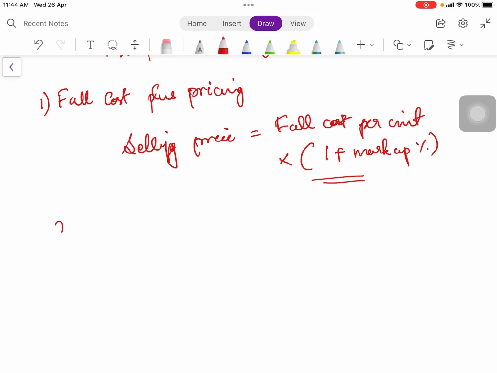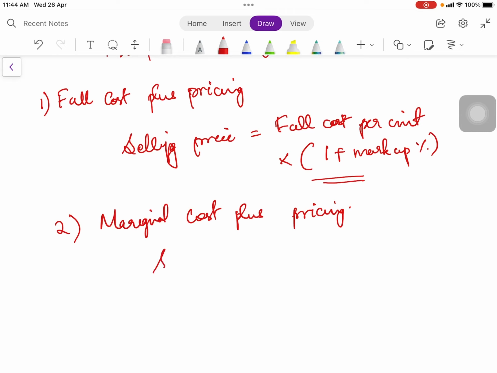The second one is marginal cost plus pricing. Under this method, the accountant finds the cost using the marginal costing method, where he excludes the fixed cost of the product.